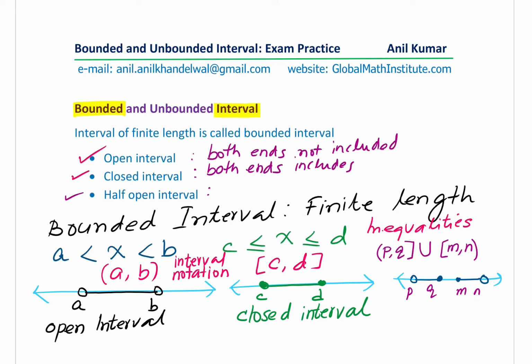Now here, one end included. You could also divide it into two. Left is included or the right is included. And it could be shown in this particular way. So I hope this part is absolutely clear. Now, in general, we also write this in the form of a set notation.